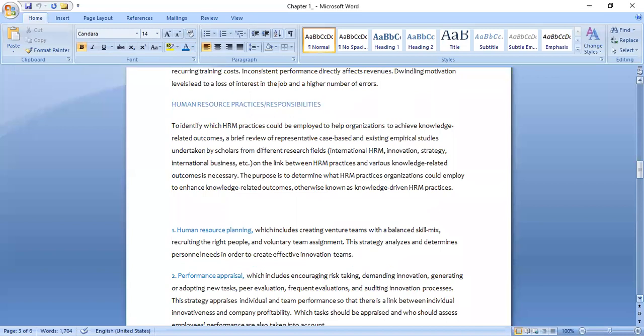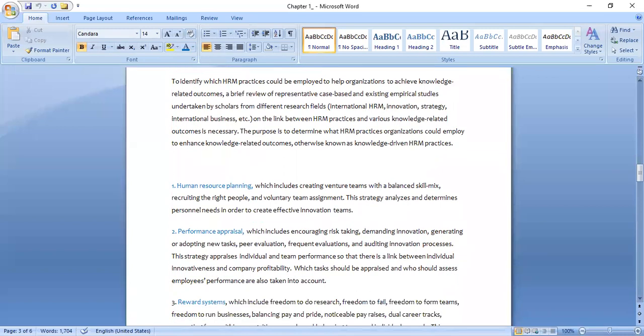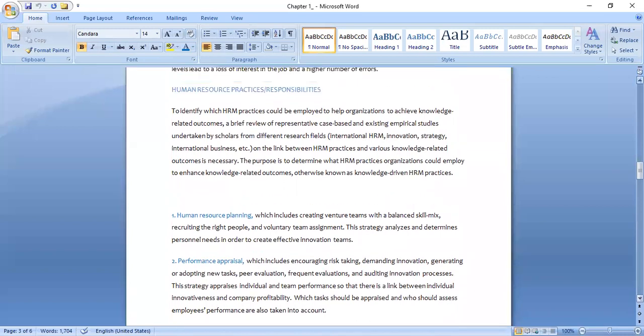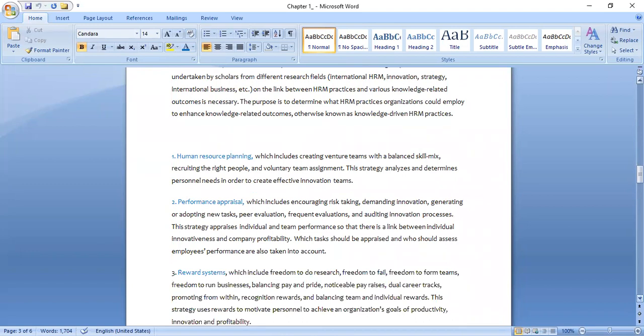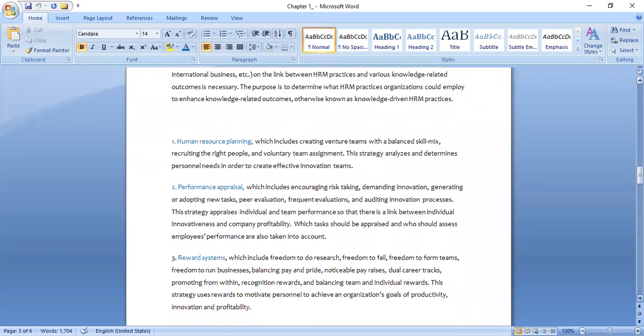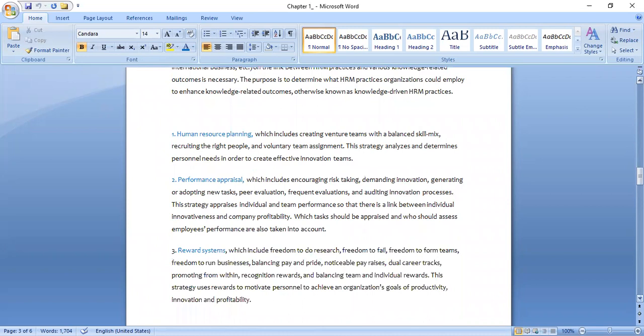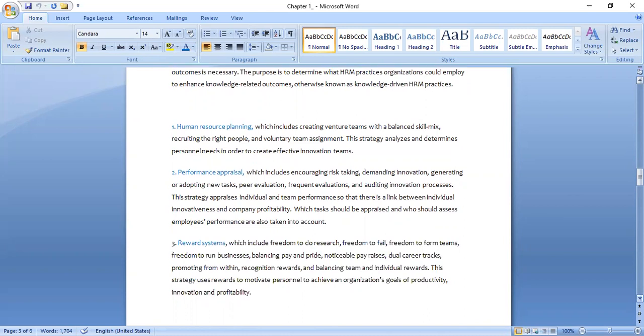So let's look in detail at the responsibilities of human resource management, or what you can call practices. We have human resource planning, and with planning, it basically involves thinking ahead, right? Looking at the human resource needs, and then also being able to forecast.